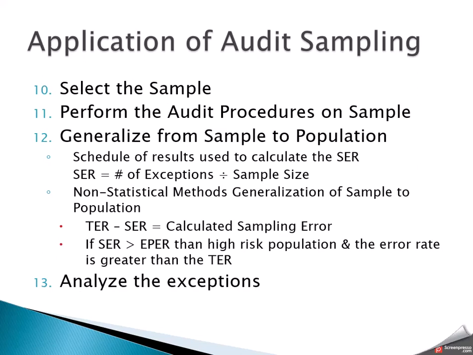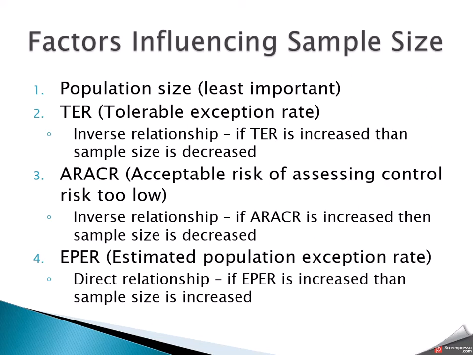Then we'll select the sample, perform our audit procedures on that sample, and make a generalization from the sample to the population. There are some mathematical computations that go into that, and then we'll analyze any of the exceptions that we find.